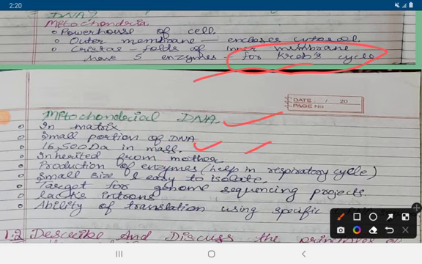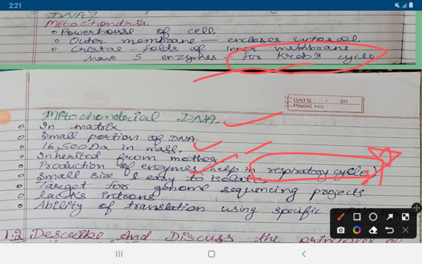The mitochondrial DNA is responsible for production of enzymes that take part in the respiratory cycle and are specific for cells having mitochondria.